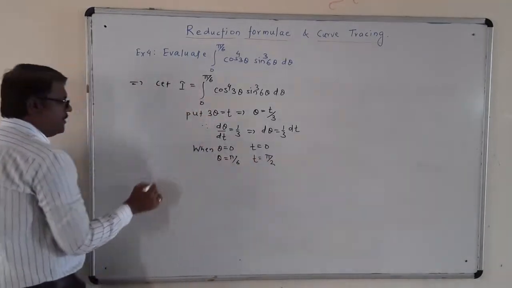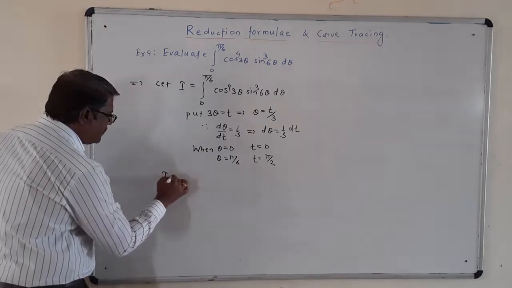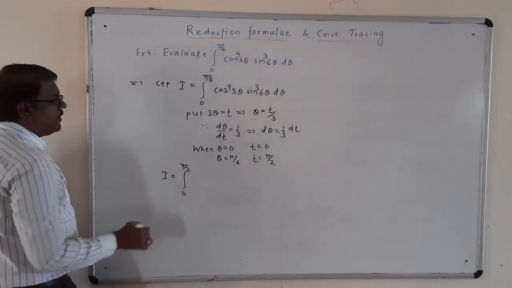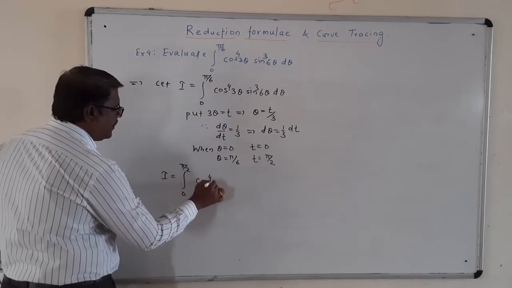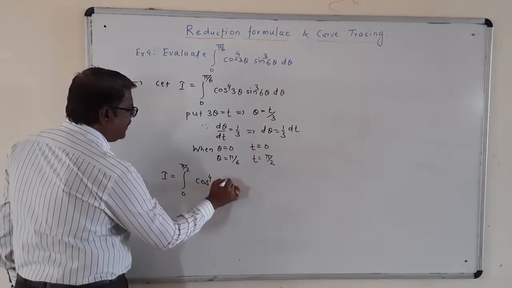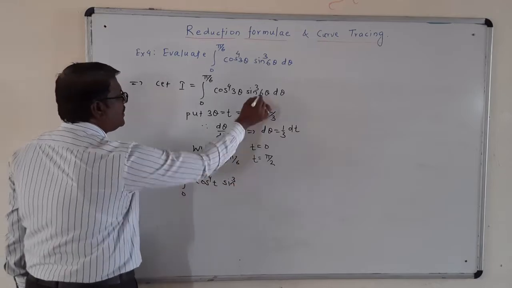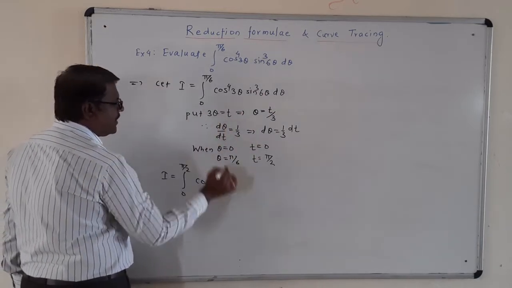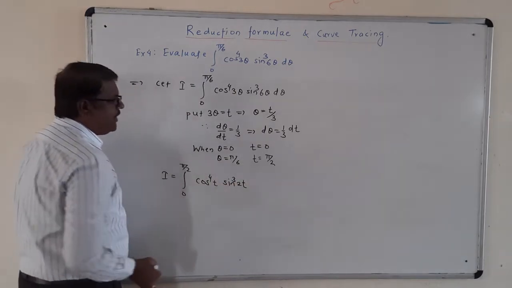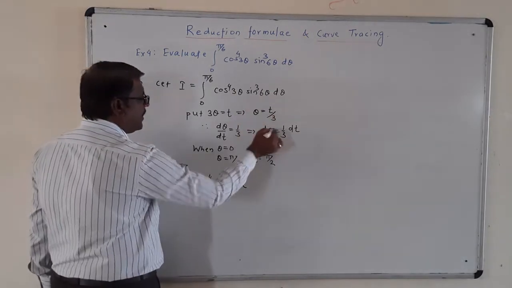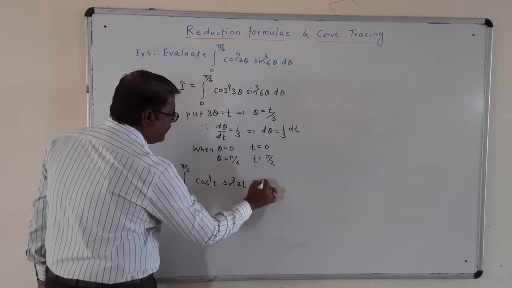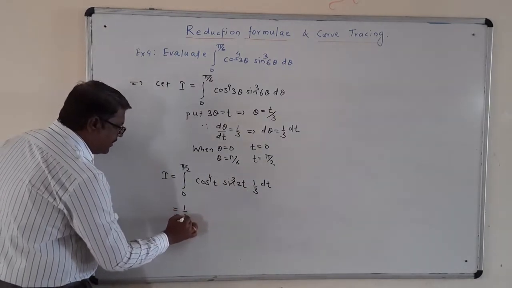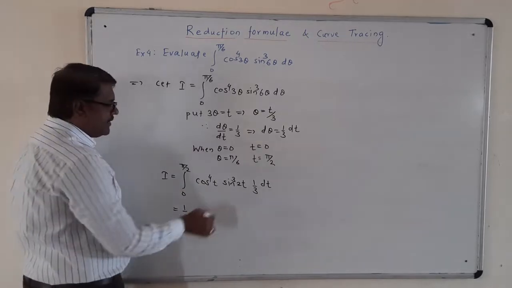Therefore the given integral I becomes integration 0 to pi by 2, cos raised to 4 t and sin cube of 6 theta, but 6 theta is nothing but twice into 3 theta, so it is sin cube 2t, and then d theta is 1 by 3 dt. I will take 1 by 3 outside of this integration as it is constant.